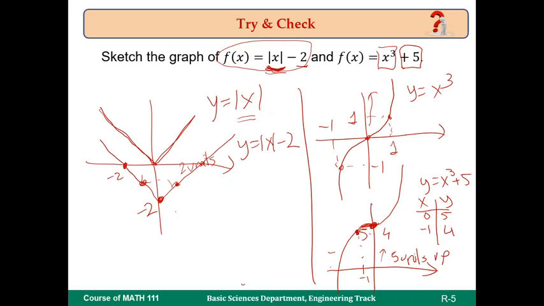Okay, it has to be somewhere here. And then put minus 2, and you will see minus 2 cubed is minus 8, plus 5 is minus 3. So it means at minus 2, we have a sharp fall here. So it's better we can do, okay.